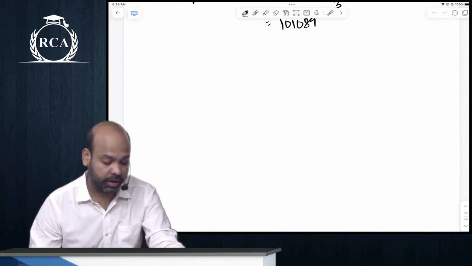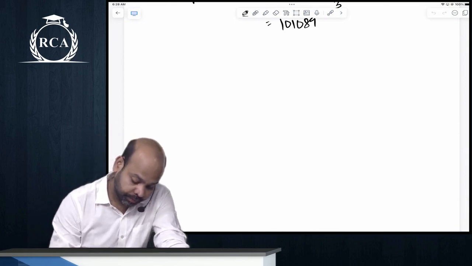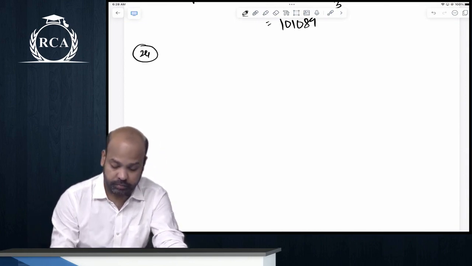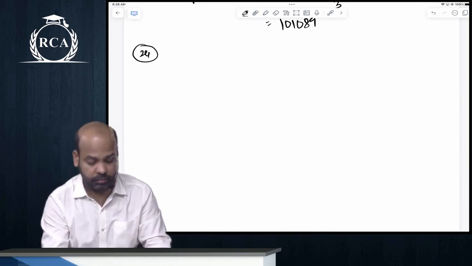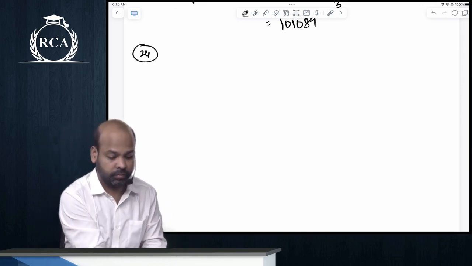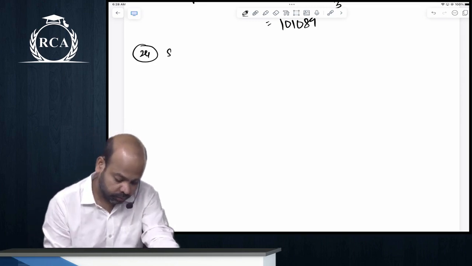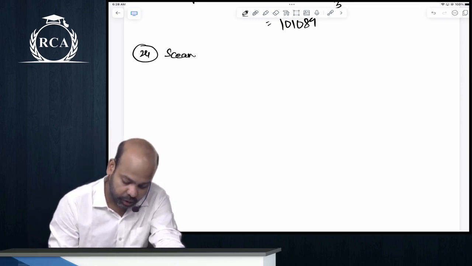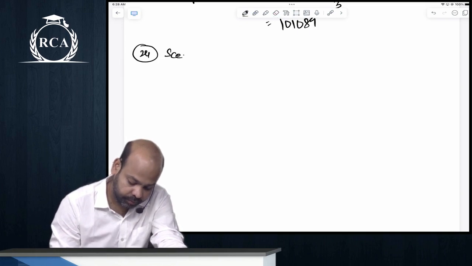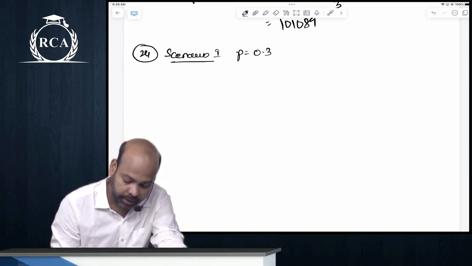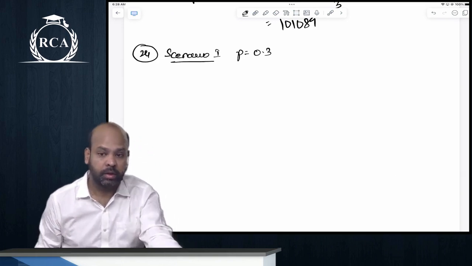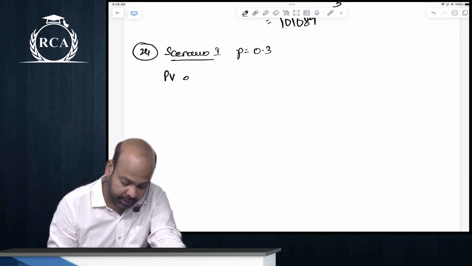Let us all arrive at the NPV. Scenario 1. Probability is 0.3. You can directly write the present value of cash inflows.